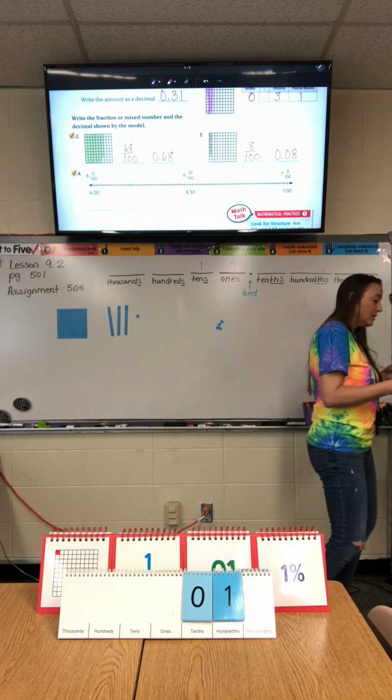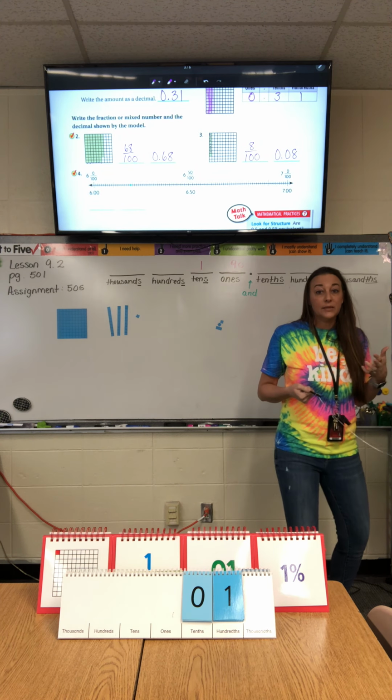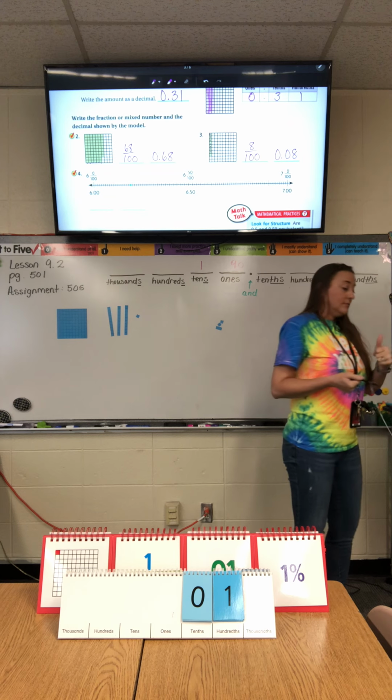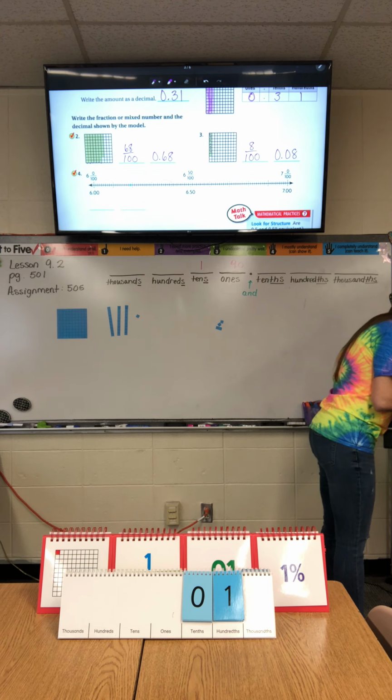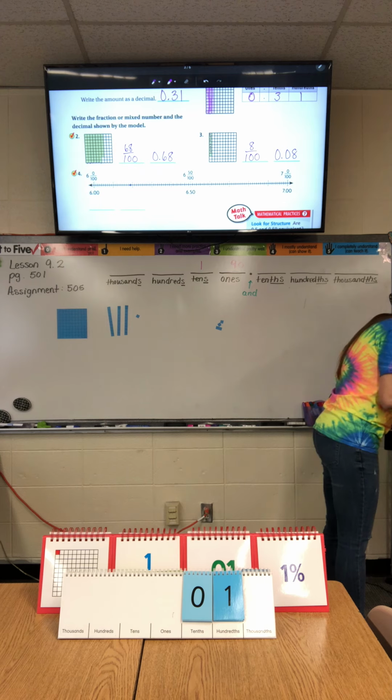Okay? Normally here I would say, are you with me? Any questions? We're going to keep moving. Okay. So they have given us this dot right here that they're wanting us to figure out. So I know that these bigger lines represent the tenths. So this would be like 6 and 10 hundredths, and this would be 6 and 20 hundredths.